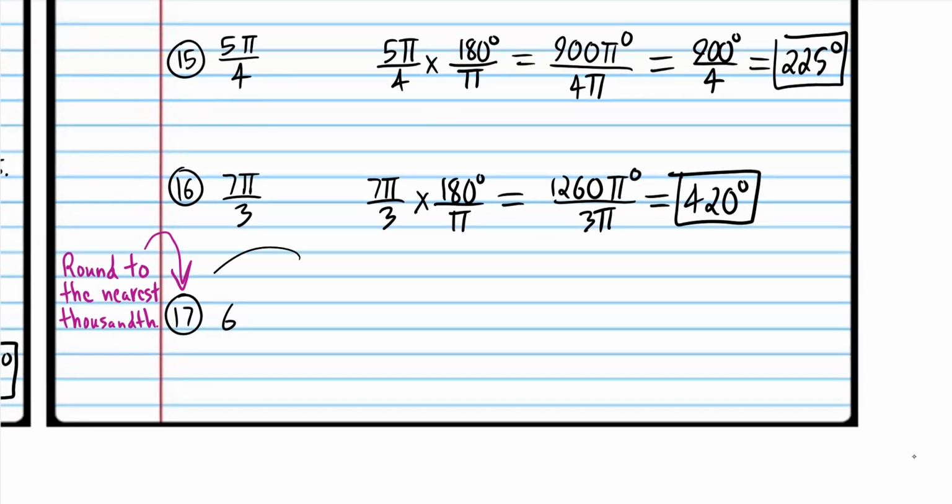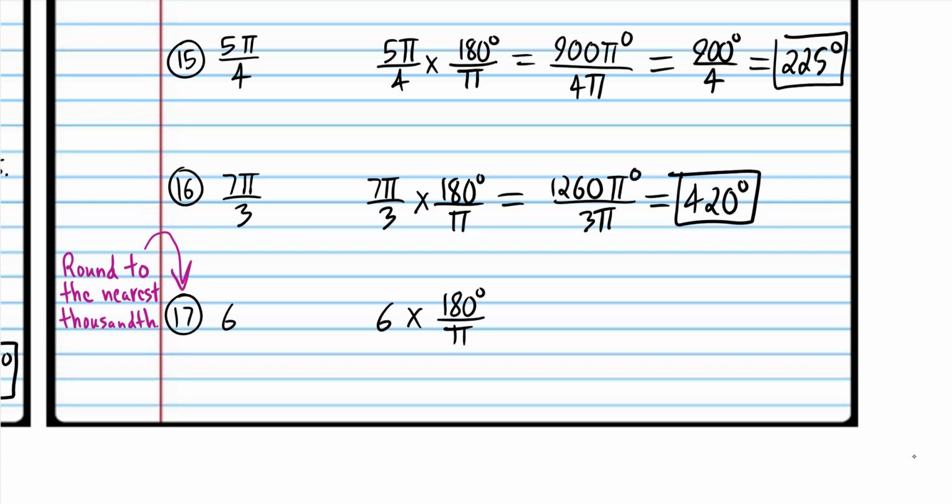Now try a problem where we don't have a pi symbol. And I want you to use your calculator and round to the nearest thousandth. So you're going to write your number, and then just as in the previous problems, you're going to multiply by 180 over pi. Try that problem. When you come back, we'll do it together. All right, we're back.